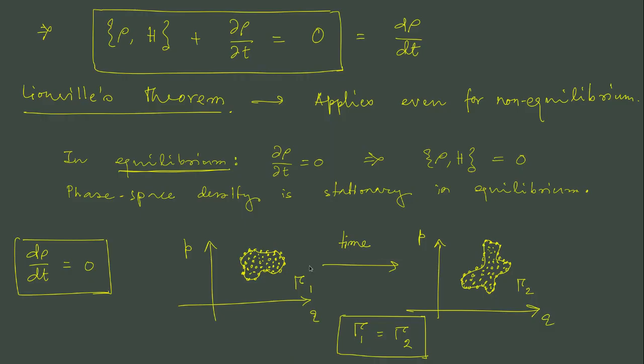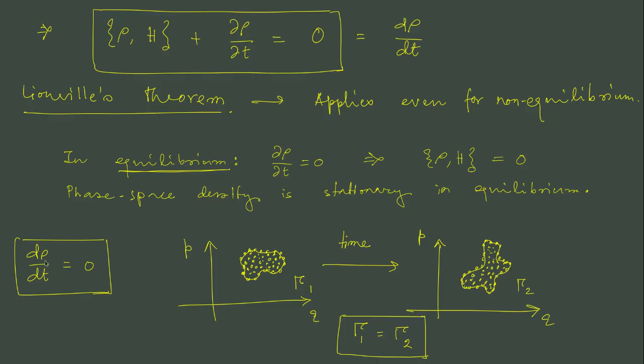Now, as a function of time, all these points move along their trajectory. So the shape of these points at a later time might be different. And the enclosed area, on the left hand side we call it gamma 1, on the right hand side gamma 2, these could be different. But no, they can't be different, they are equal.